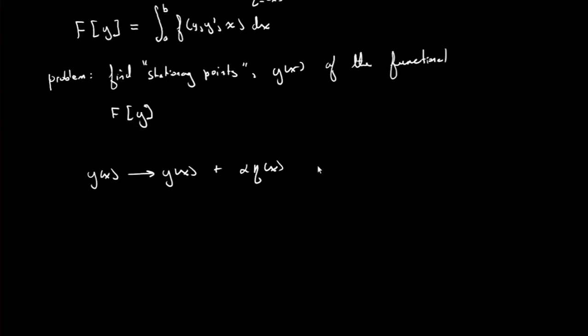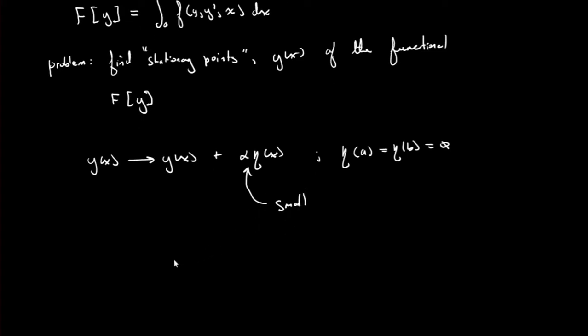And the way we do that is by imposing the condition that eta of a has got to be equal to eta of b has got to be equal to 0. This is a property that eta must satisfy. And alpha is just small, right? So we can choose it to be arbitrarily small as we would like.